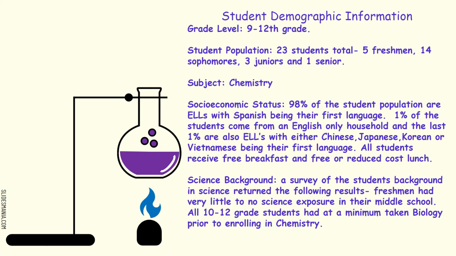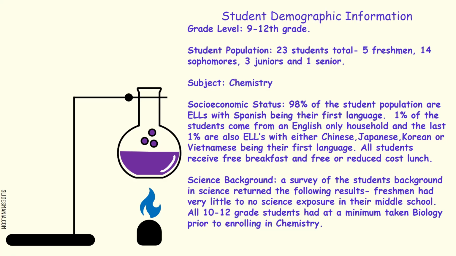Before I begin this lesson, I asked the students how much science background they had in the specific topic of physical and chemical changes. Many told me that they had very little, but what caught my attention is many told me that they had no lab exposure in their middle school.